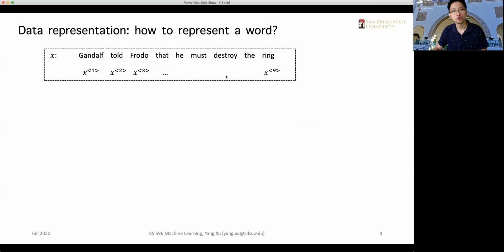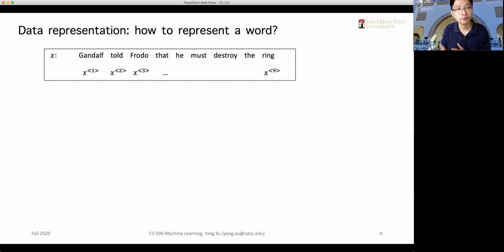Now let's further dive into the question of how we represent a word. A word is a special kind of data that is very different from image data. Images are represented by pixels, and pixels, we know, are just numbers. We can simply take the pixel number as a feature.